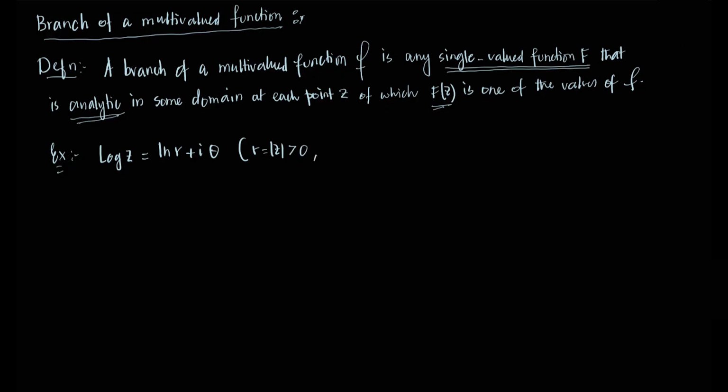And theta is the argument which we are going to define between minus pi and pi. Clear? Okay, so please note, theta is between minus pi and pi. So this is a branch. Of course, this is a branch of the logarithm, because it is one single valued function, and we know that in this part it is going to be analytic, right? So we call it a principal branch of log.